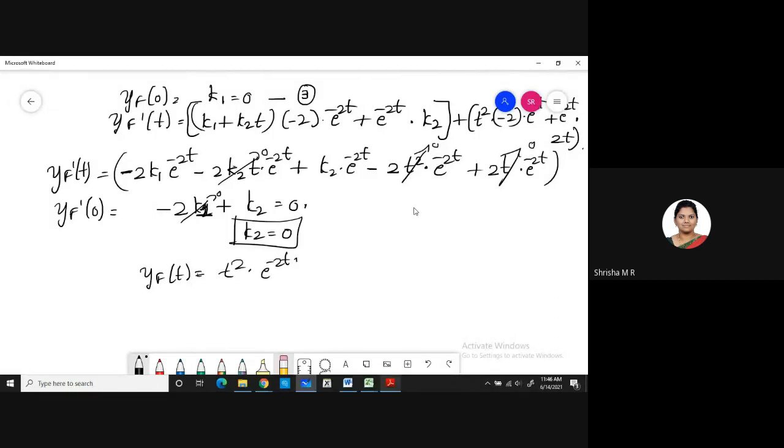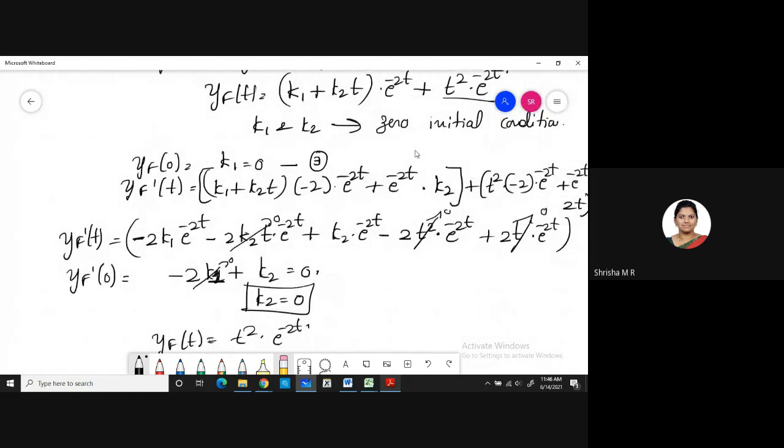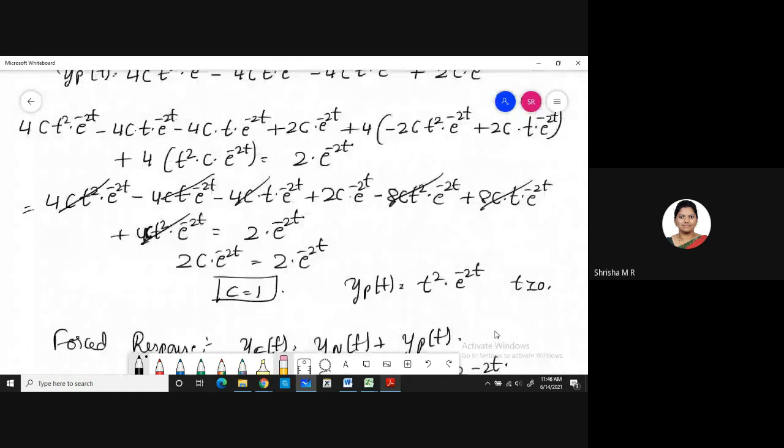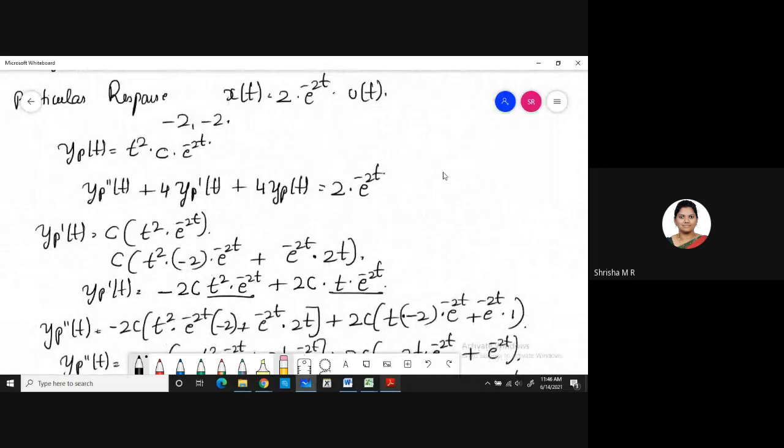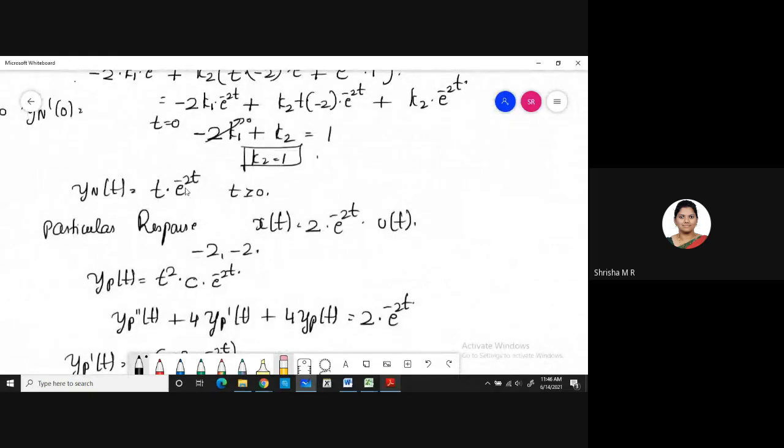So your total response y of t would be equal to natural response plus forced response. What was the natural response we got at the beginning? t into e power minus 2t we have got, right?